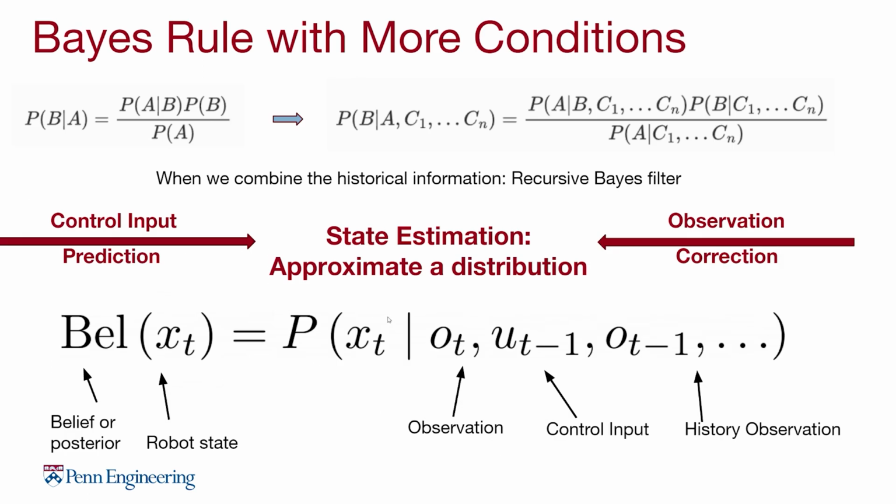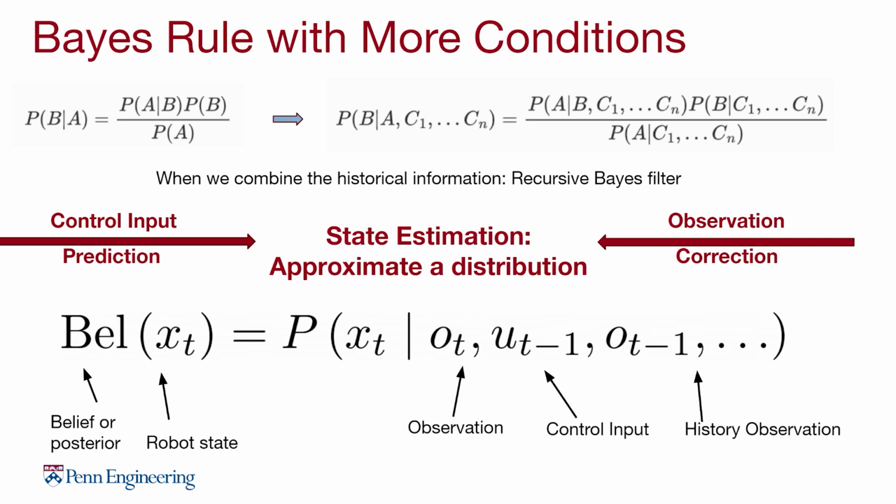Up to now, we have actually used discrete events to describe the Bayes rule, and we only use two events. In our case, event B is the hypothesis, and event A is the evidence.